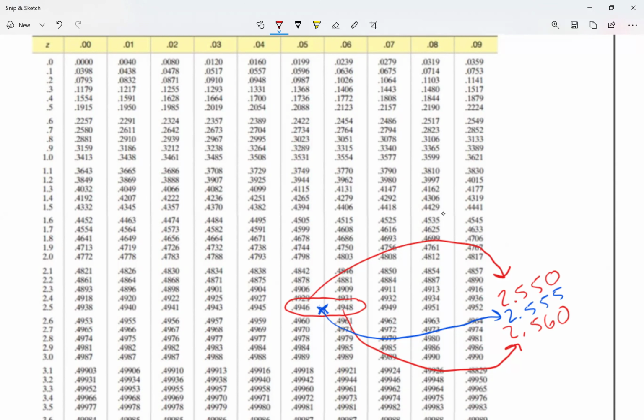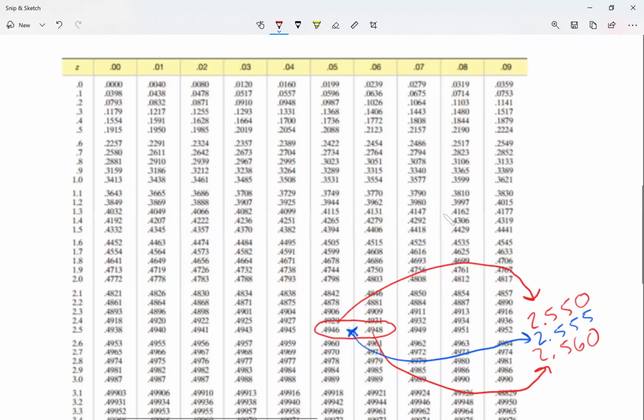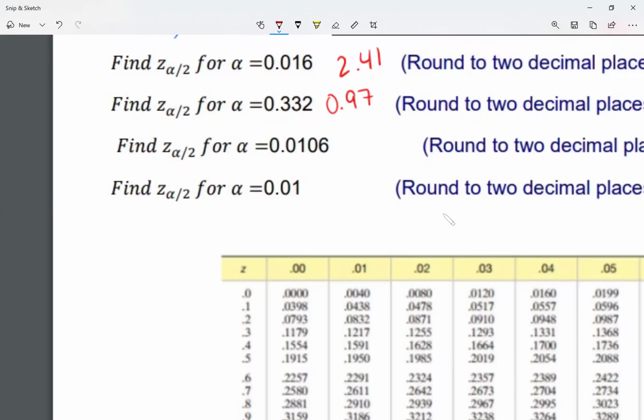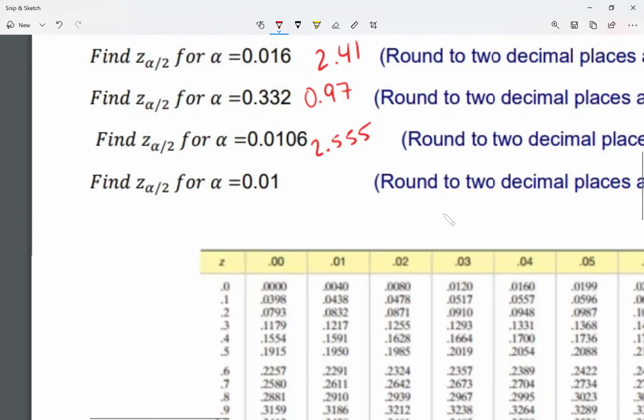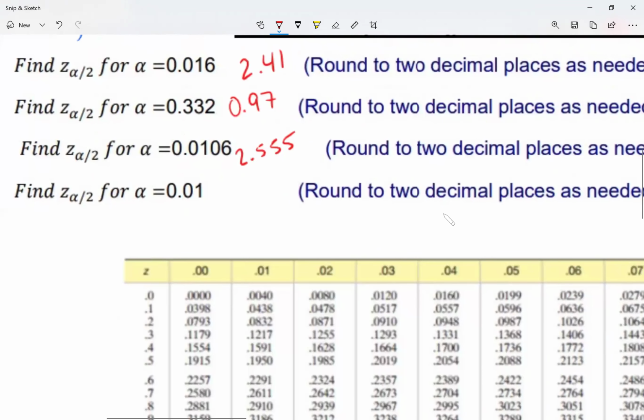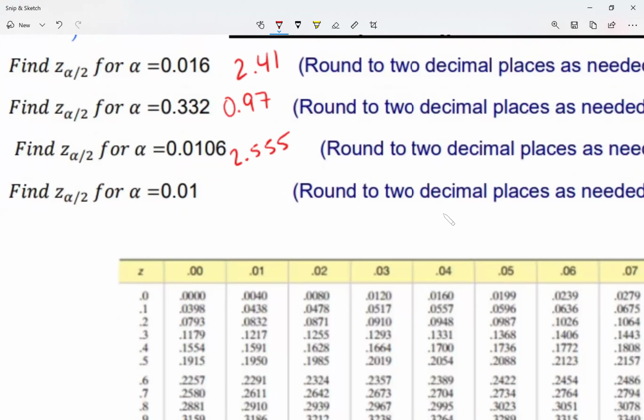So the C-score that I'm looking for is 2.555. For right now, let me just write my C-score is 2.555. Unfortunately, it says round to 2 decimal places, not 3.